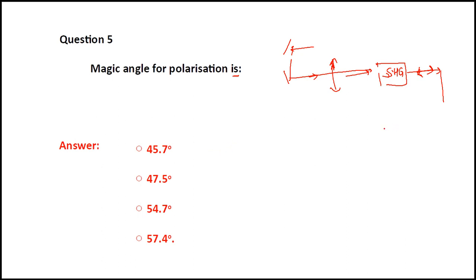So in order to prevent this, when it passes through the SHG and there is a change in the polarization angle, what you get in the reading is some rise and fall in the obtained frequency or the obtained polarization.